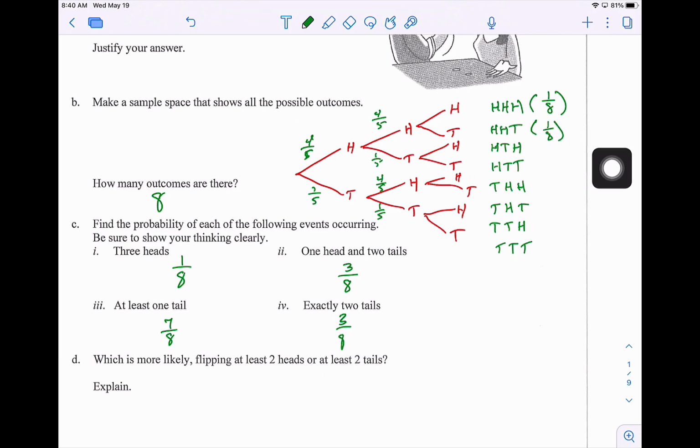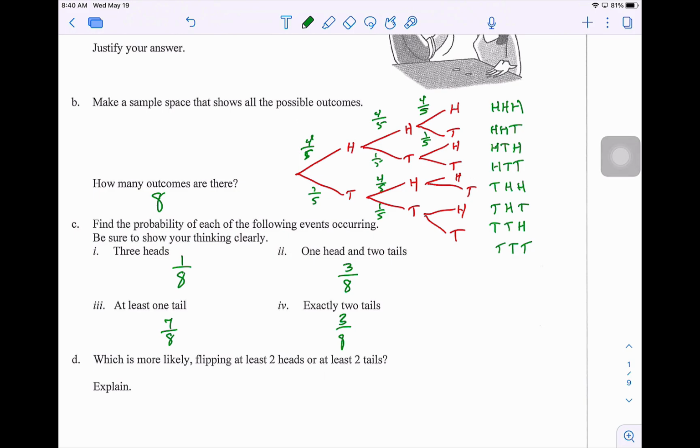Okay? For example, we'll do one of them together. If we were trying to calculate all 3 of them landing heads for this weighted coin, we would multiply 4/5 times 4/5 times 4/5. Remember when you multiply fractions? All the numerators, all the denominators.